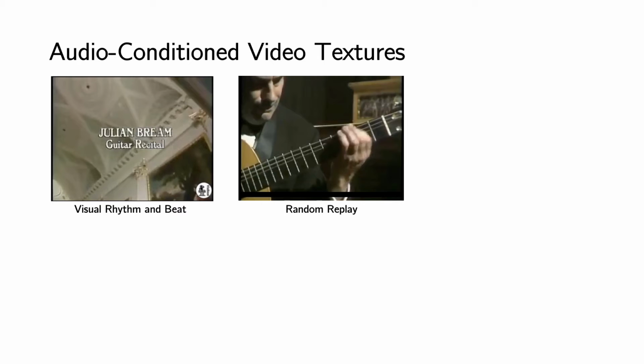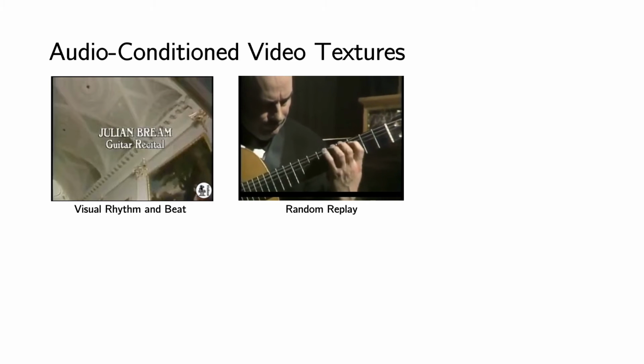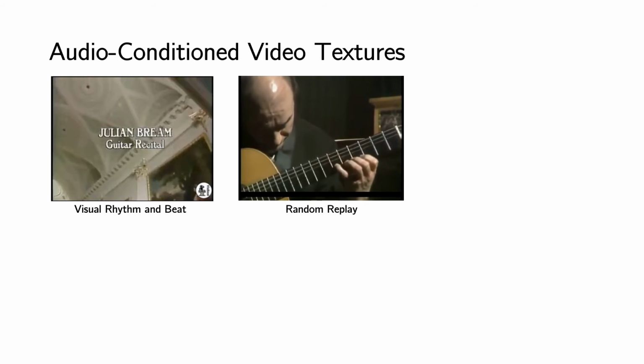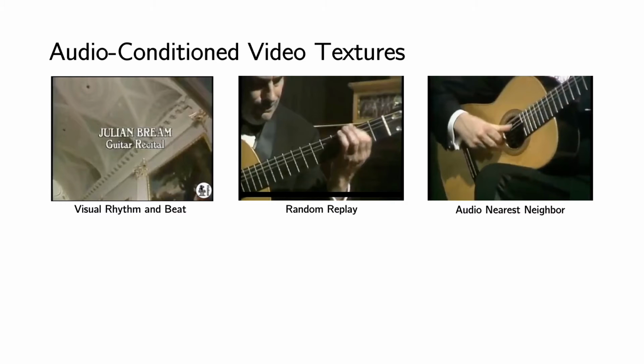We observe that the audio and video are misaligned. Audio nearest neighbor computes the similarity between the conditioning audio and the input audio, and then extracts the closest match. Again, the audio and video are misaligned.